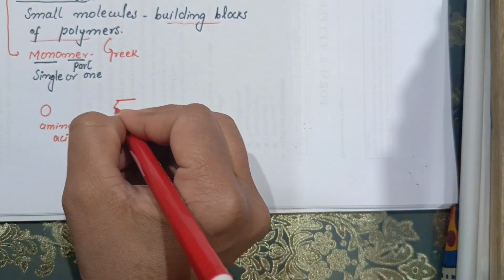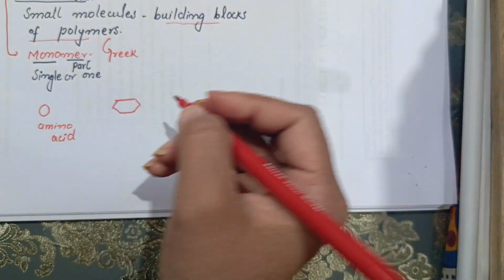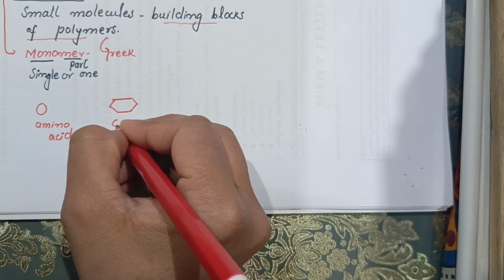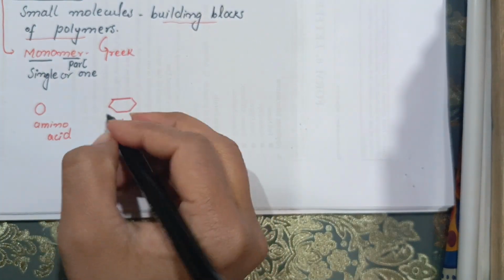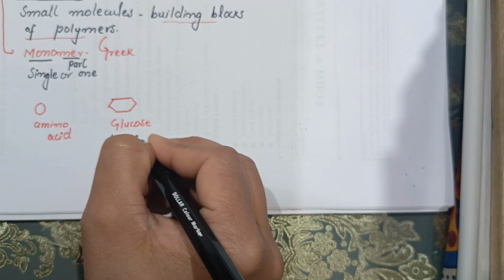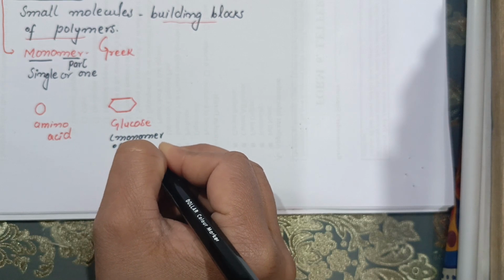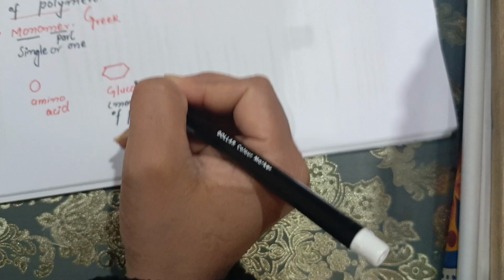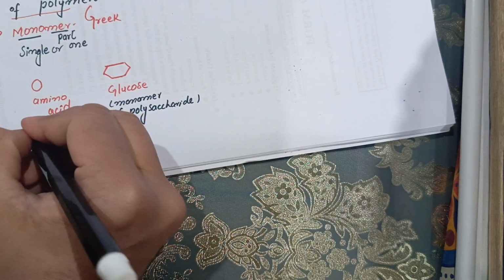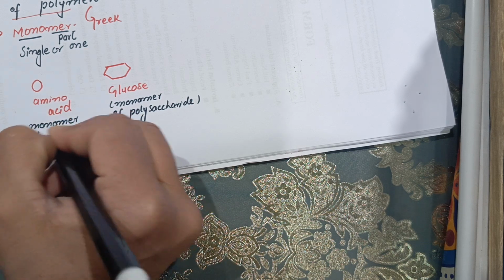We have the monosaccharides, which we will discuss later in detail, like glucose, which is the monomer of polysaccharide, which is a polymer. Amino acid is the monomer of proteins.